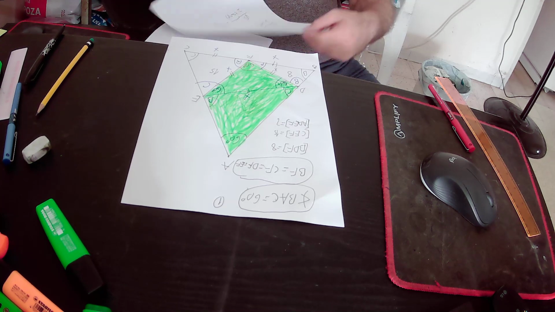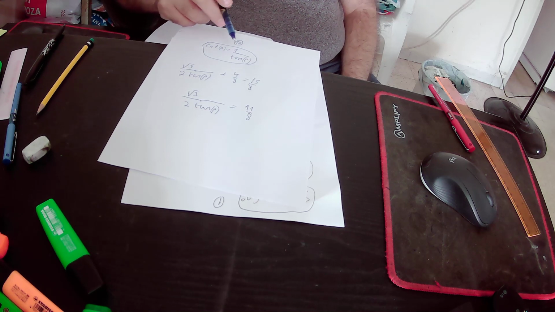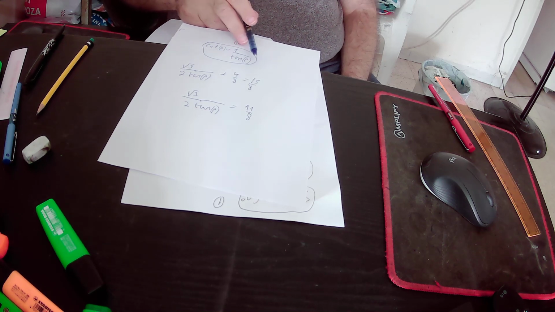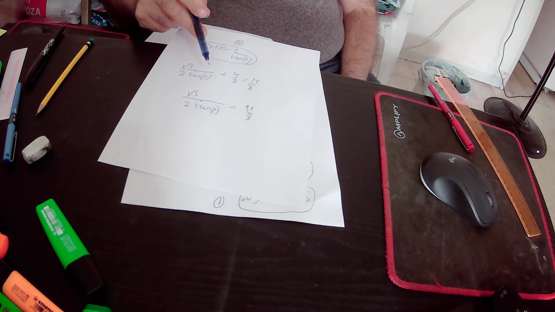Okay. Fifteen minus 4 is 11. So here we will multiply this equality by tangent p.